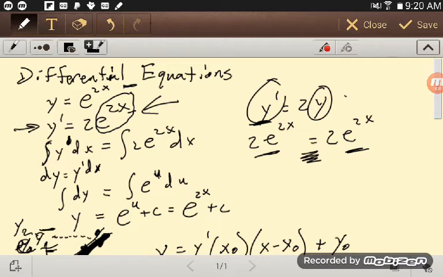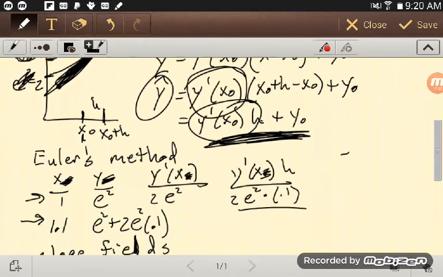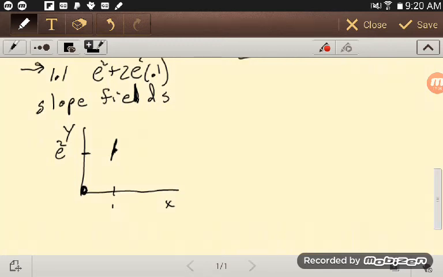So if I let y be 0 at the same time x was 0, it would say the derivative is 0, and actually that would be the solution y equals 0.